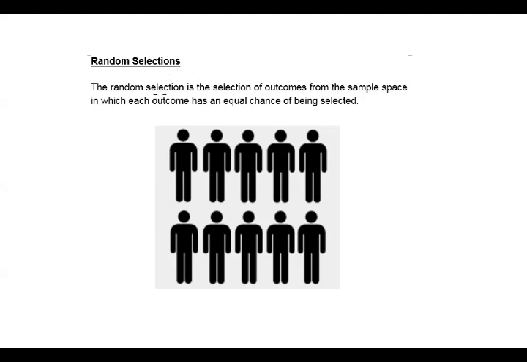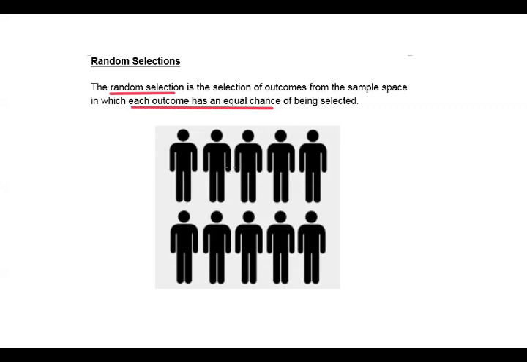Random selection. The random selection is the selection of outcomes from the sample space in which each outcome has an equal chance of being selected. In other words, no bias occurs in the process of selection. For example, there are 10 people here. How to select randomly 5 people from the 10 people?